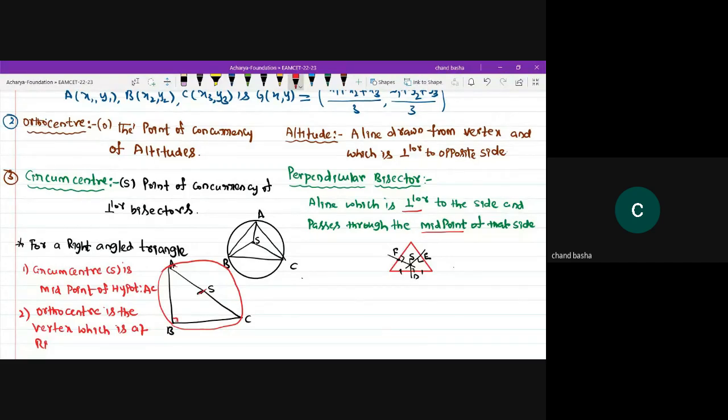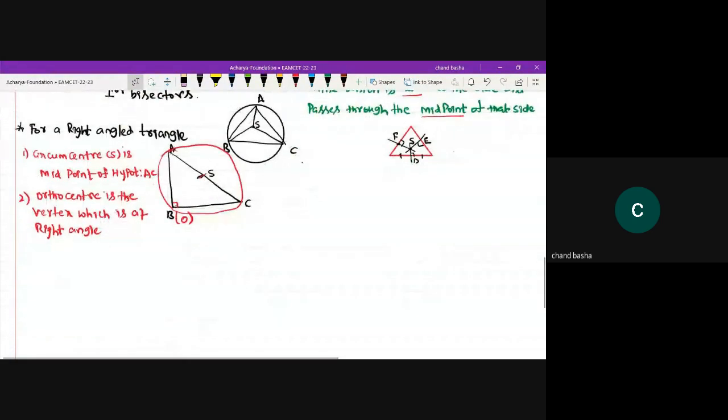So directly we can observe that. Vertex B is the orthocenter, and the midpoint of the hypotenuse AC will be the circumcenter. So these are the two important points to be noted in this concept, circumcenter and orthocenter.